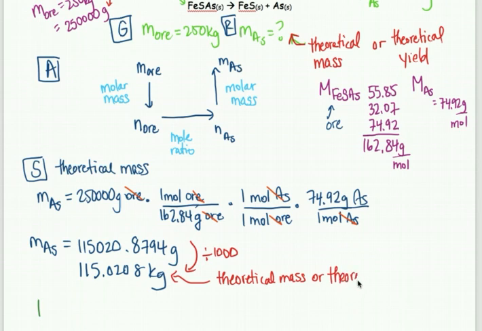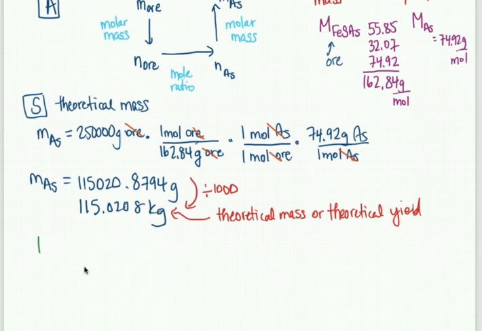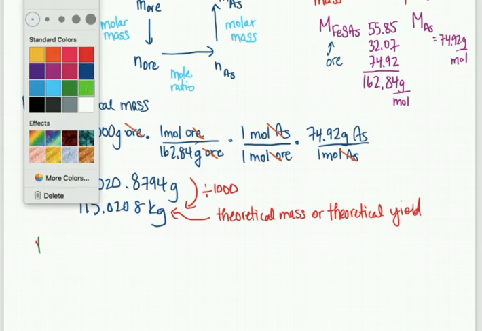So again, you can interchange these, okay? The more specific term is the mass, because it is a mass we're looking at, but it is considered to be the theoretical yield, okay? All right, so let's calculate the percent yield now.